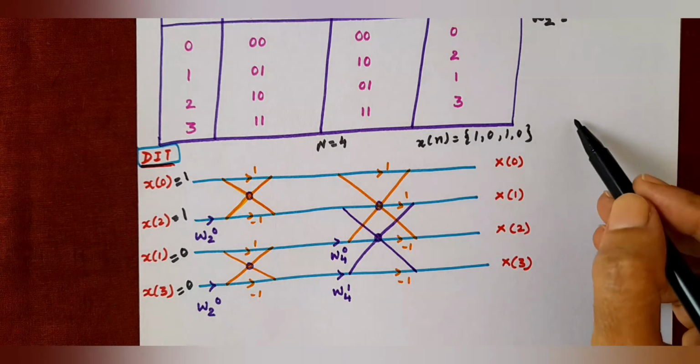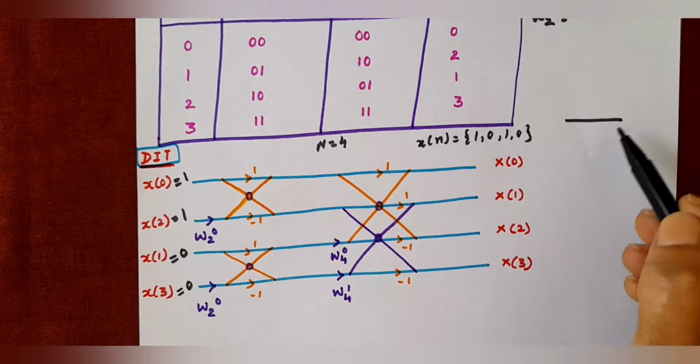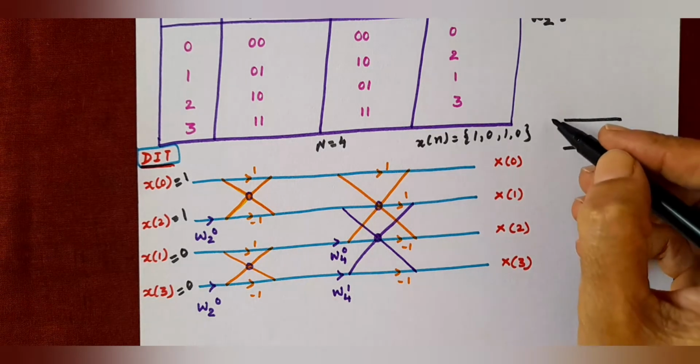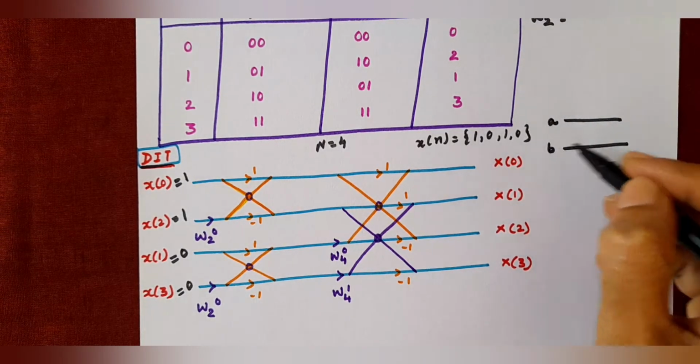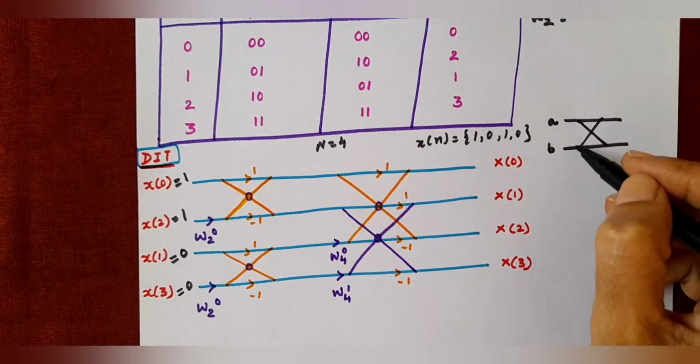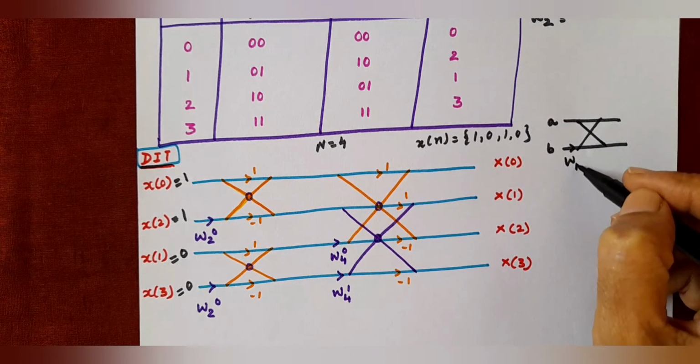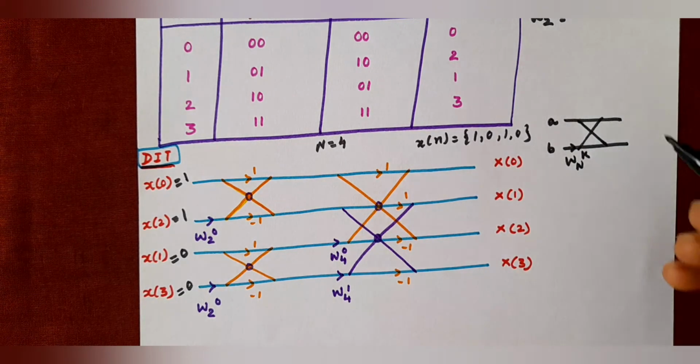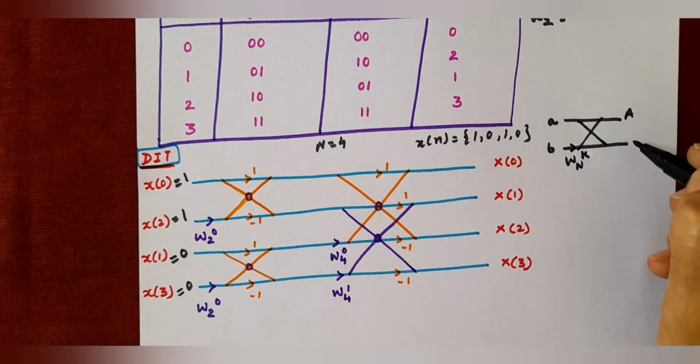And for a DIT flow graph, you know the butterfly diagram. If the input variables are a and b and the twiddle factor W n to the power k is placed at the beginning of the second line, what are the equations for capital A and capital B?